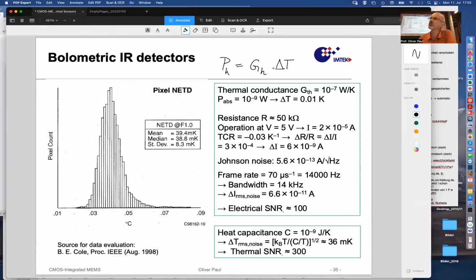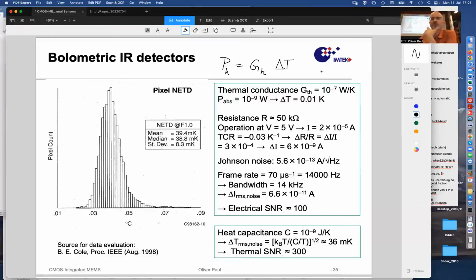Let me think. I times R, yeah, this is the thermal conductance. That thermal conductance should of course contain as few terms as possible, and for that structure it has been calculated to be 10 to the minus 7 watt per Kelvin.